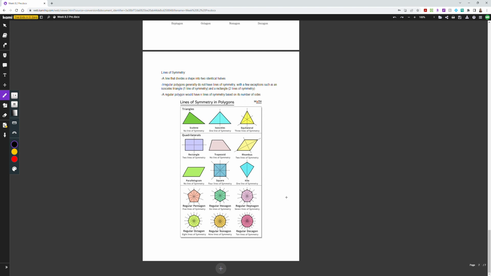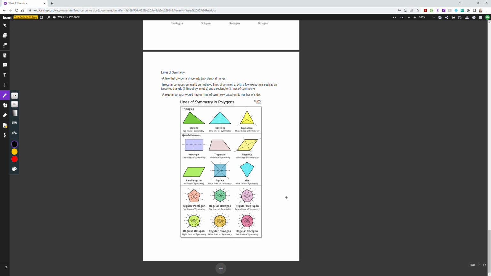So an irregular polygon isn't equilateral and or equiangular, right? So it's not equal in some parts. Irregular polygons generally don't have any lines of symmetry. There are a few exceptions, such as an isosceles triangle, which has one line of symmetry, and a rectangle, which has two lines of symmetry.